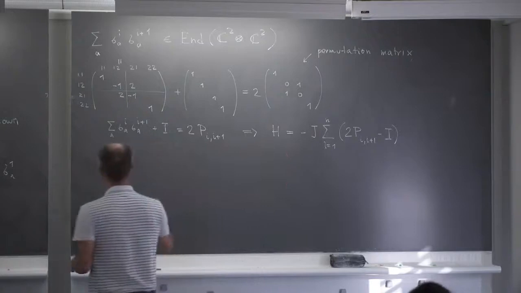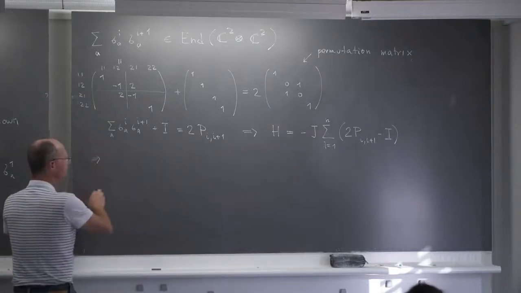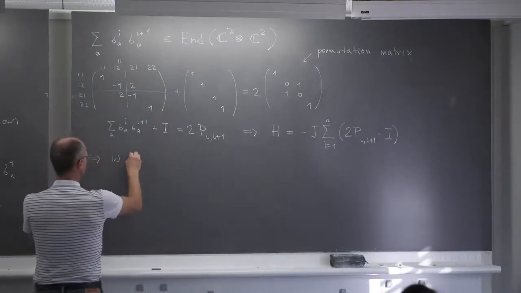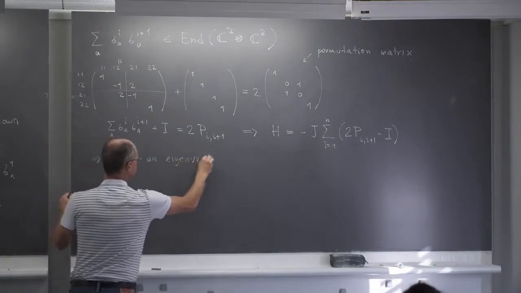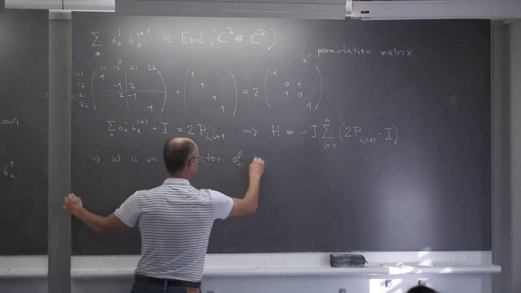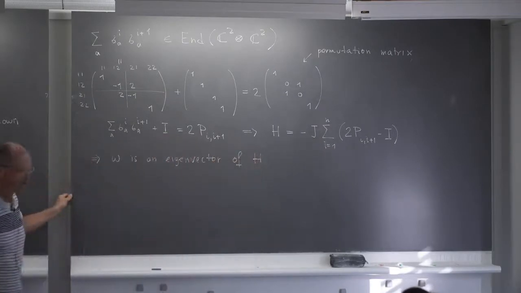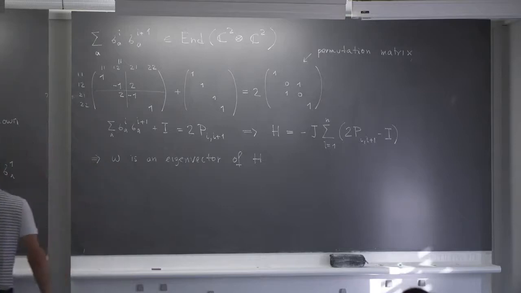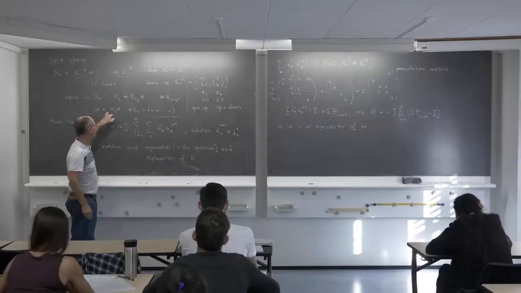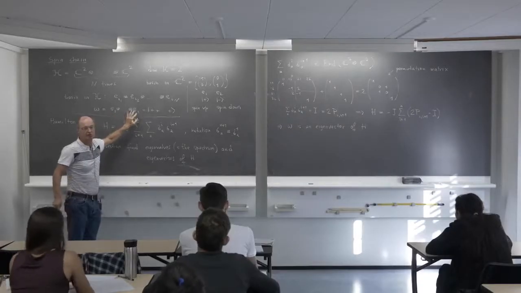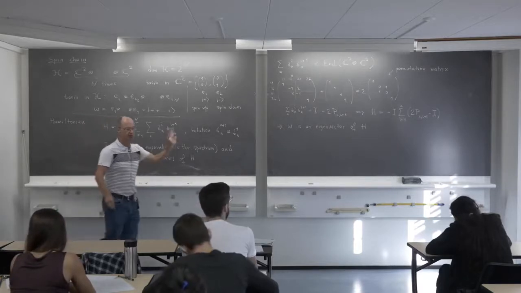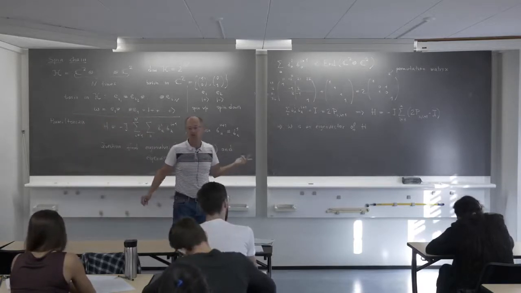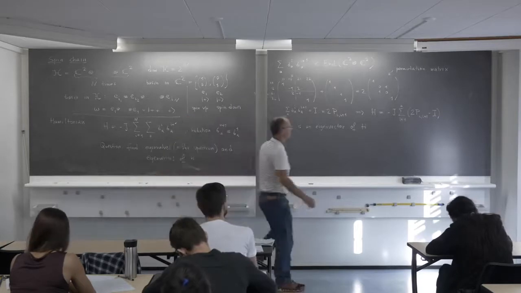In particular, from this fact, it follows that omega is an eigenvector of H. Indeed, omega has all the elements the same, right? So the permutation matrix acts simply by 1, or actually all the permutations act by 1, since if you permute E1 and E1, you get E1 times E1, right?